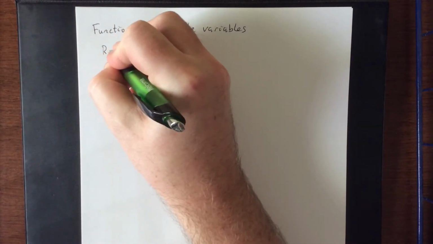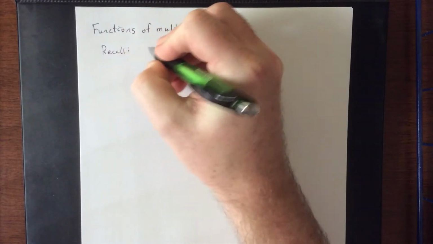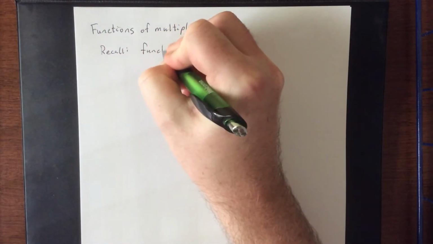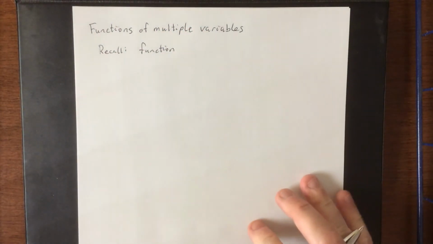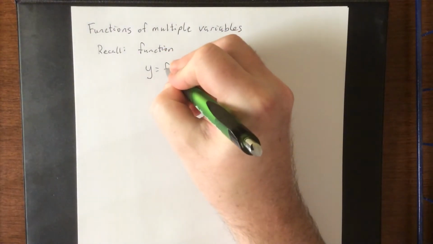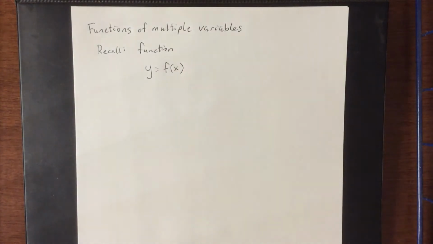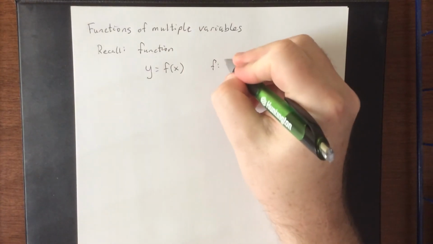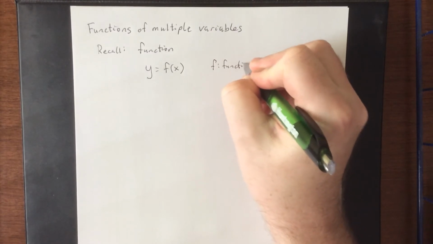So I will ask you to recall with me the idea behind a function. Back in our old classes, pre-calculus and algebra and whatnot, this was the most common notation that we used for a function. So f was referred to as the function name.